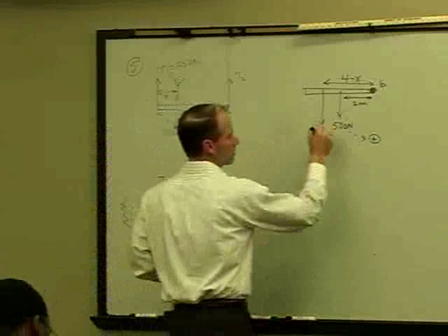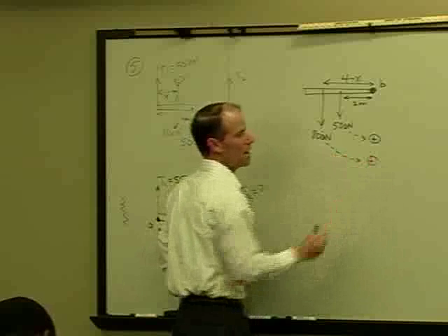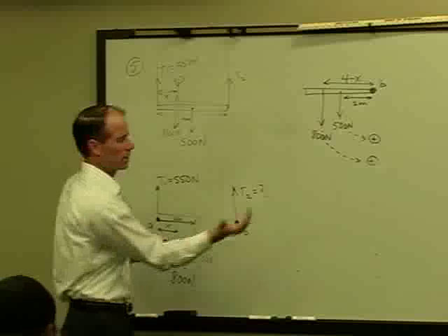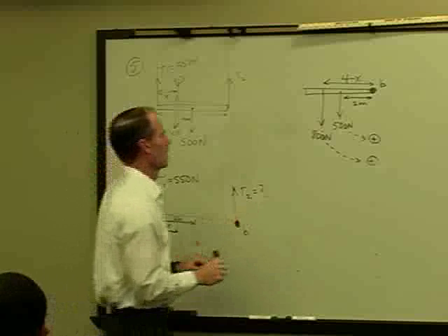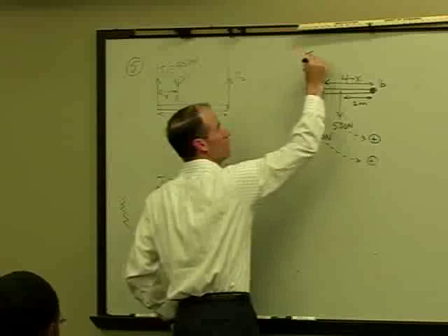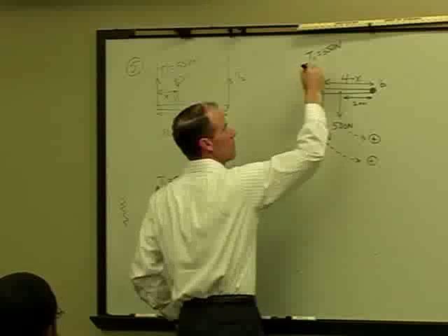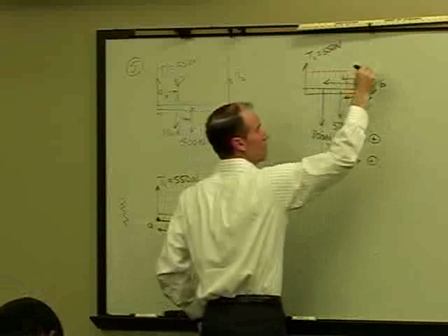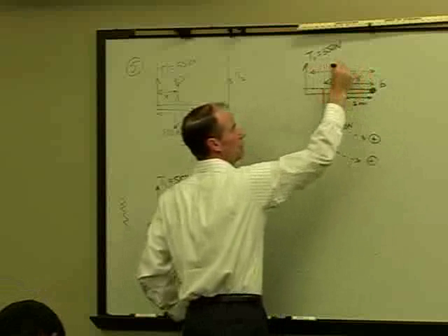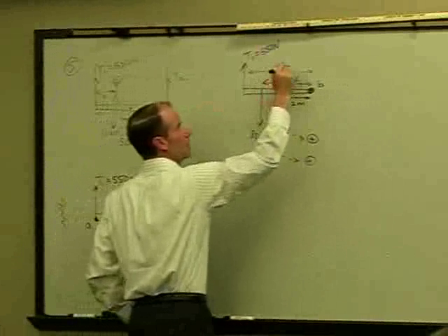And that's also trying to make this rotate counterclockwise, so that's also a positive torque. And then I have this T1, 550 newtons, and that has a moment arm about point B of 4 meters.